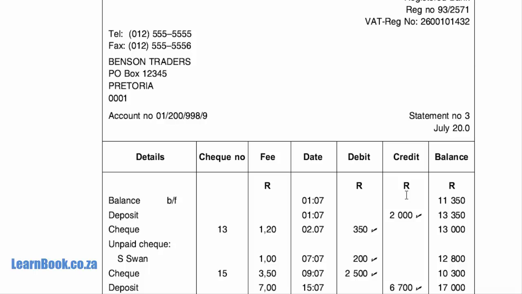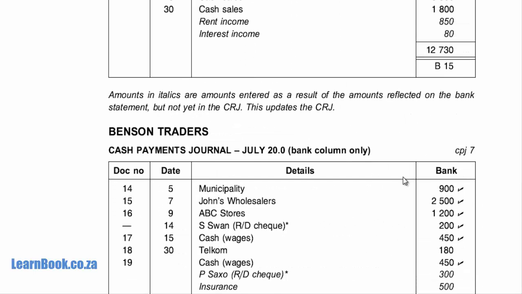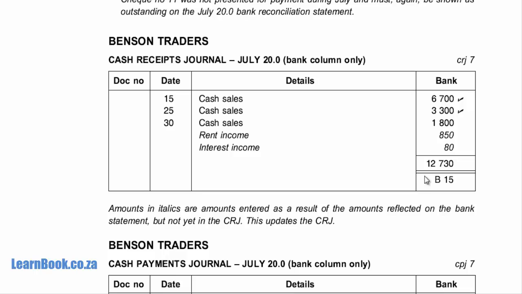So once we do the ticking and the checking of the amounts, we have to then find out which is the amount that's outstanding. Here we see 1,800 is outstanding.